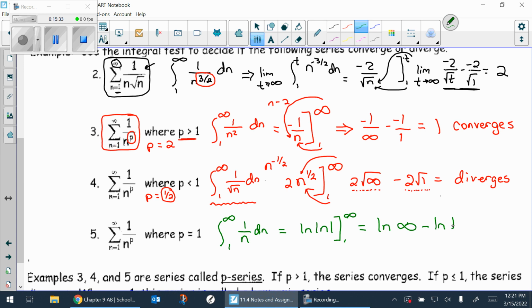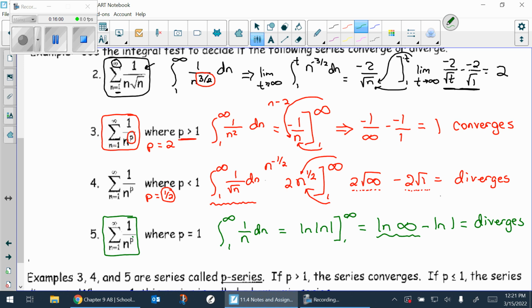I know the natural log of 1 is 0. So huge minus 0 is huge. And this doesn't have a value, and so therefore it diverges. This integral diverges, and therefore the series that created that integral also diverges.